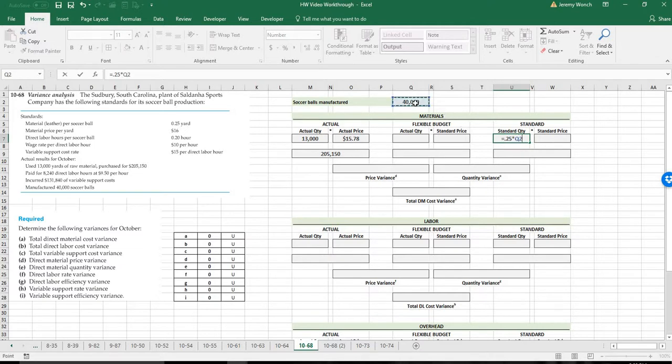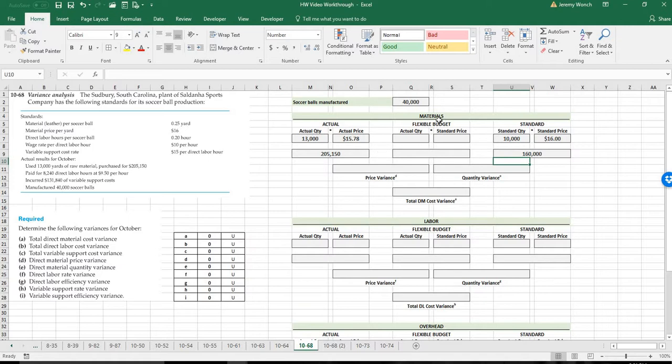So 1/4 of a yard, and we did 40,000, so our plan was to buy 10,000. Our standard price is $16 per yard. So if we multiply this times this, we planned on paying $160,000. We actually paid $205,000.